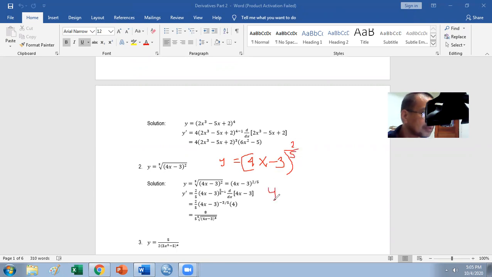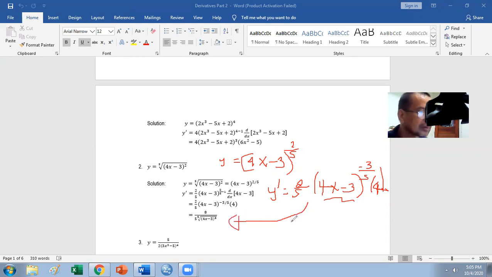And to get the derivative, your y prime is, using the power formula lang, 2 over 5 times (4x minus 3) raised to the 2 over 5 minus 1, that is negative 3 over 5, times the derivative nito, which is 4, which is 4, okay? So, you can further simplify this. Ito, this will be just like this now. So, I'll just leave it to you how to simplify this, okay?